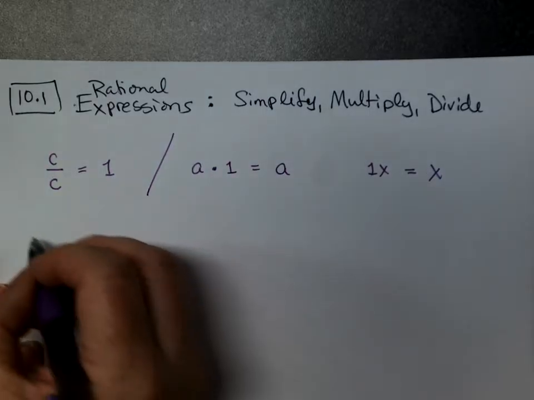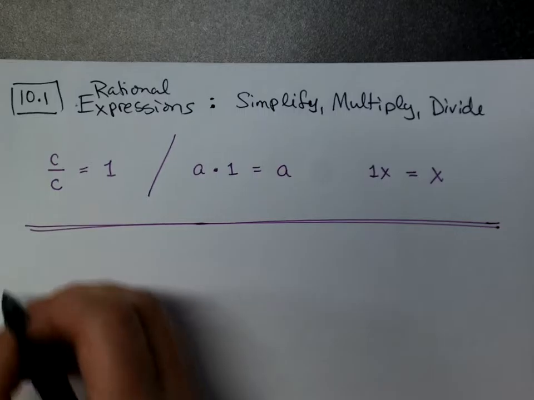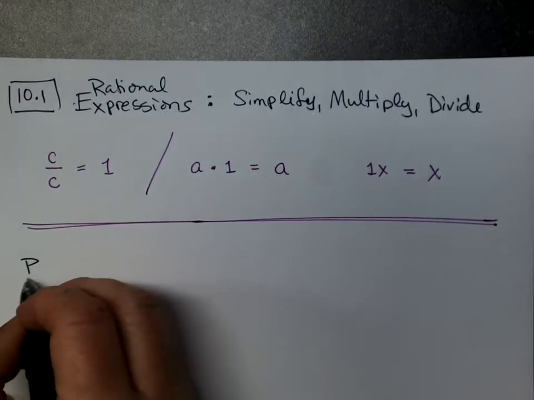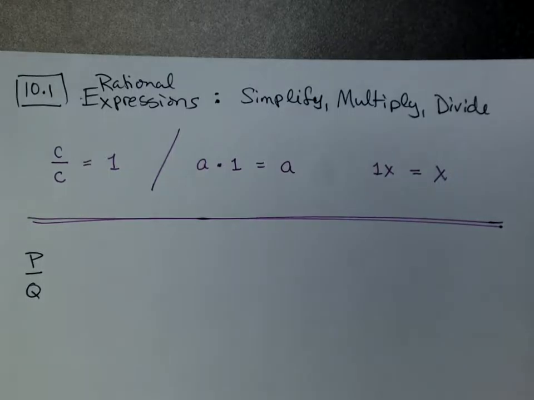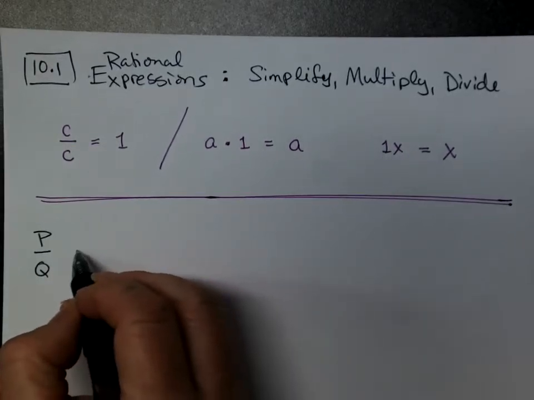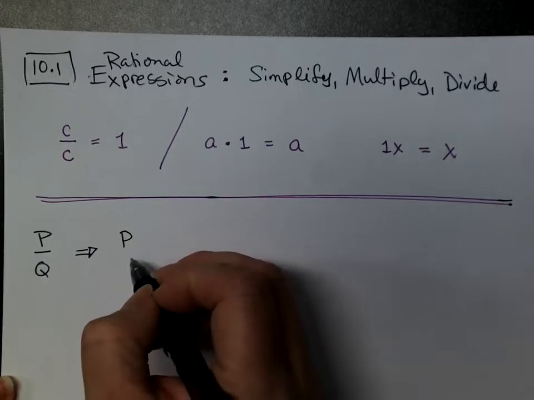Okay? Now let's look at that more specifically in terms of polynomials. So here's our rational expression, P over Q. Capital P over capital Q, some polynomial over some polynomial. Let's make it a little more complex looking. Let's say we've got 2 polynomials on top that are multiplied.